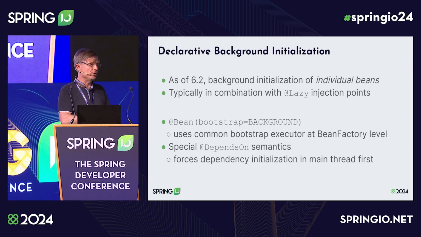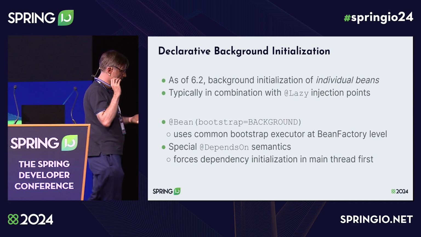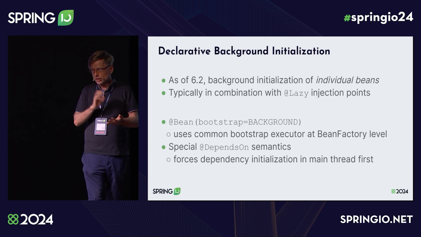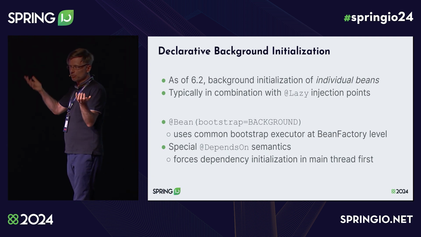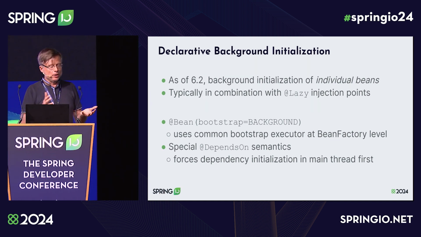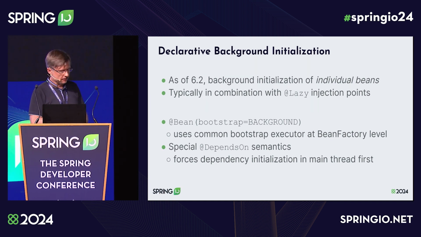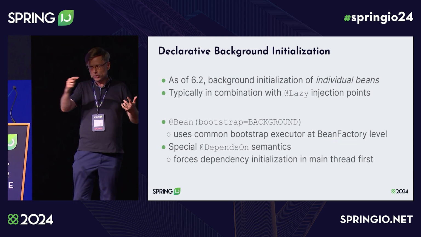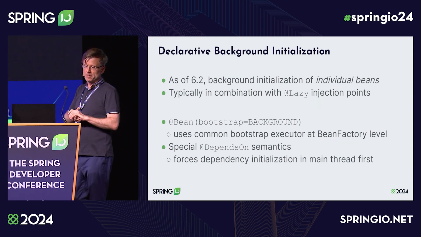That's a core container feature. The core container has support for background initialization at that level, and it has a configurable bootstrap executor, basically the thread pool you want to use for background threads, in order to use that whenever it encounters an @Bean bootstrap background declaration.